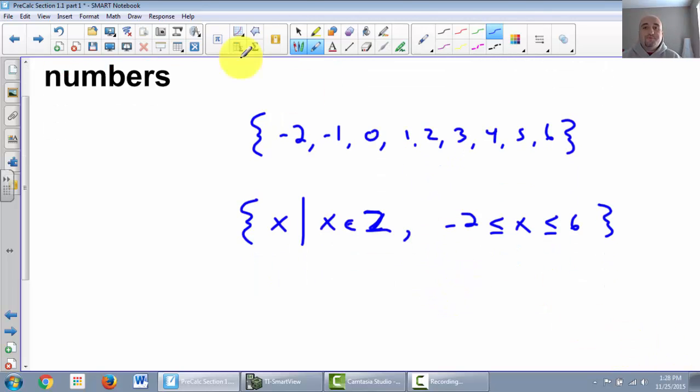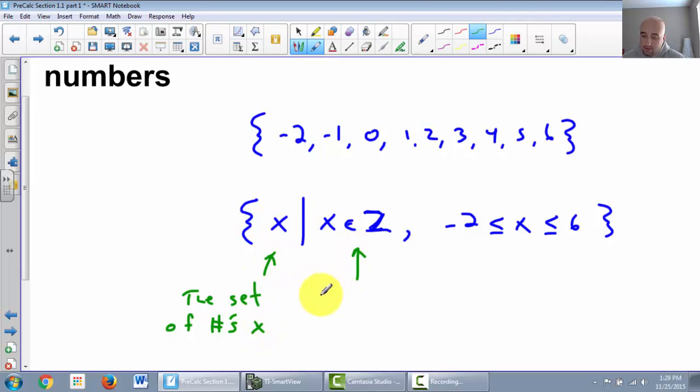All right. So let's talk a little bit about this set building. So this is your final answer here. The first part means the set of numbers x. So you're just telling what variable we're going to use.